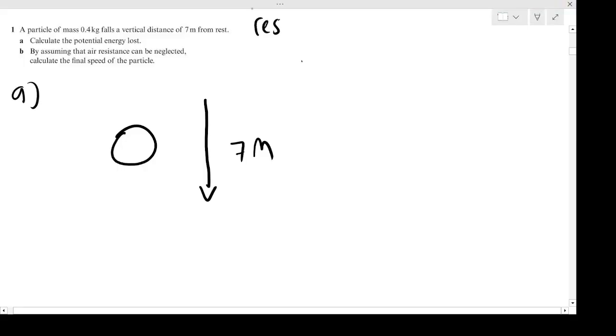Now, rest again, remember that means it has no speed. So it starts with 0 speed. I don't know the speed after, I'll call the final speed V. Right. So that's what's going on.